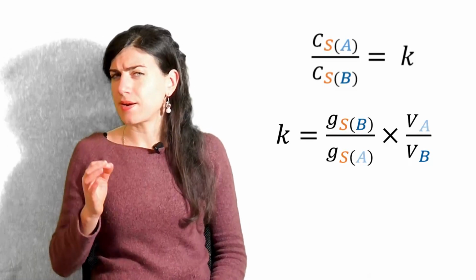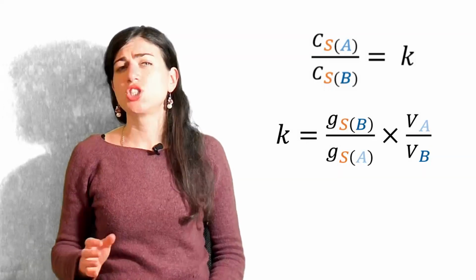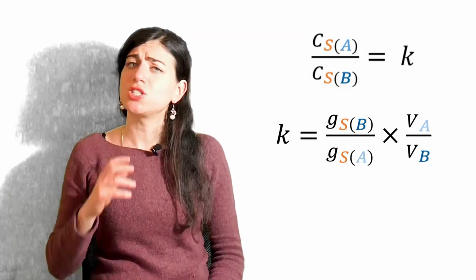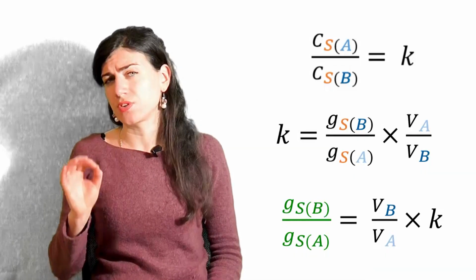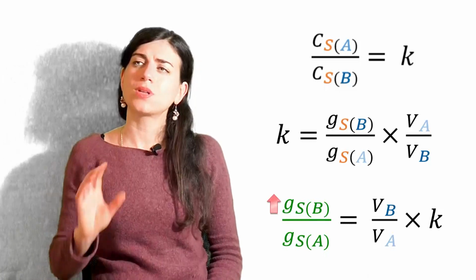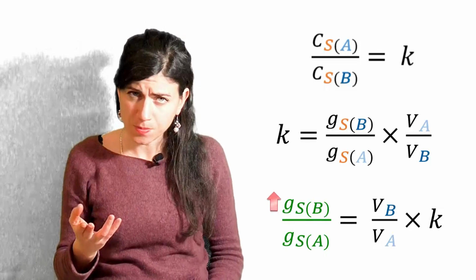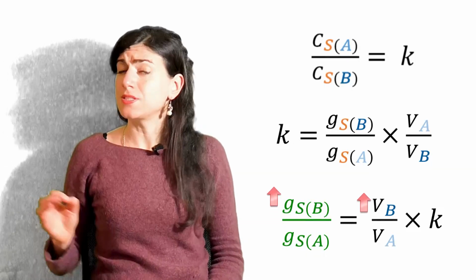Now let's rearrange the equation in order to highlight the term GSB divided by GSA. As you can see from this equation, if I want to transfer my substance S into liquid B more than into liquid A, I need a large volume of the liquid B for this to happen.